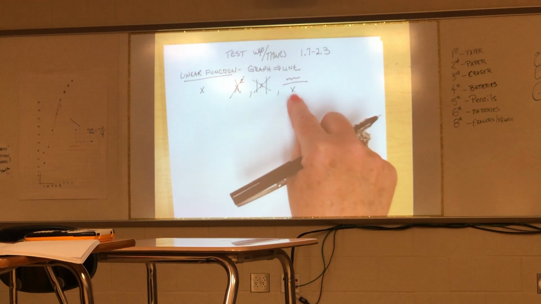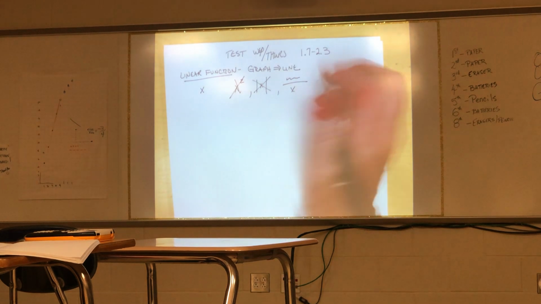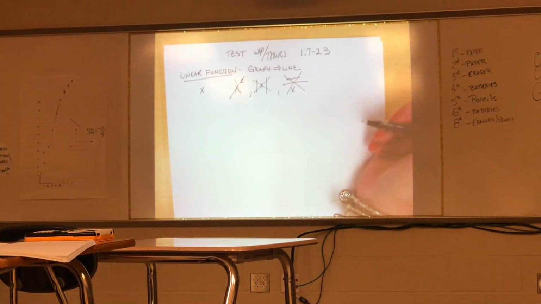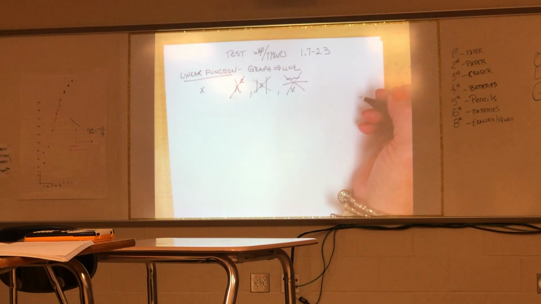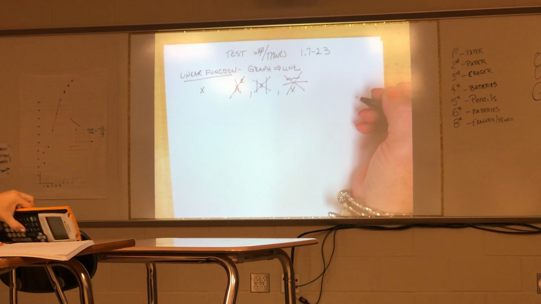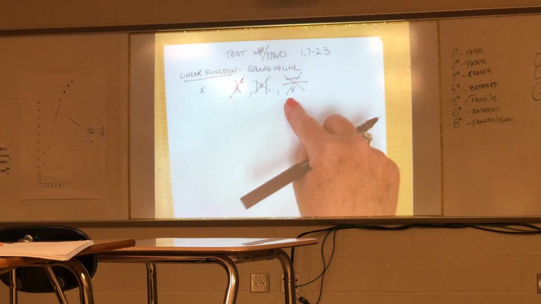Even if you do some fancy math on it and end up without an x in the denominator, if you started off with an x in the denominator, it is not linear. Has everybody got it?